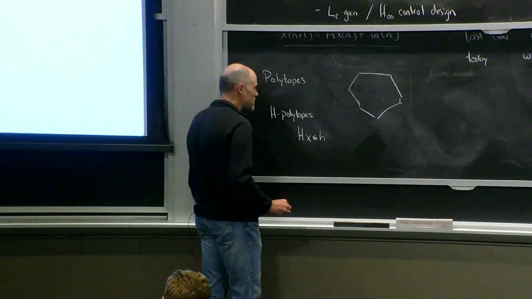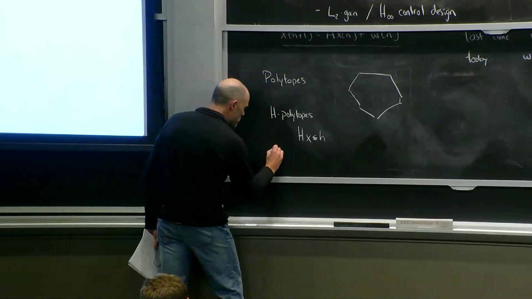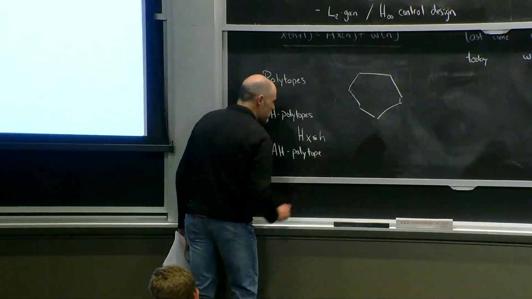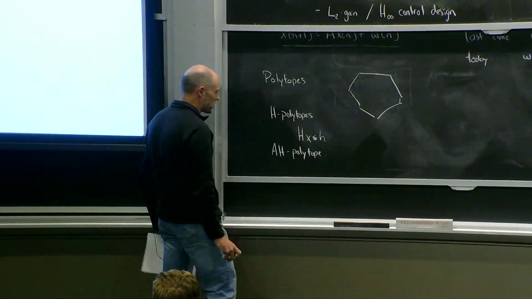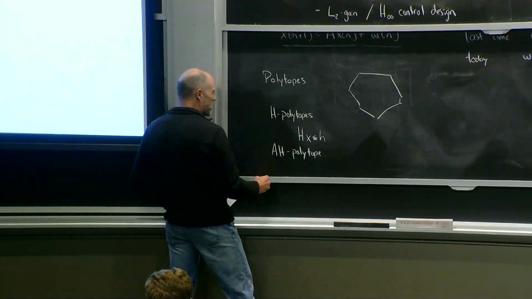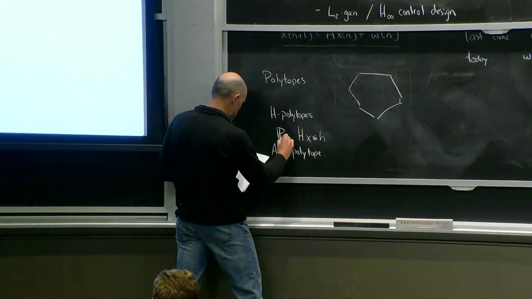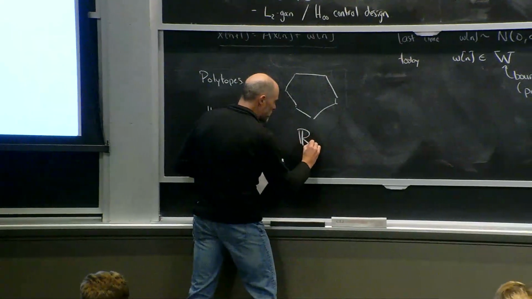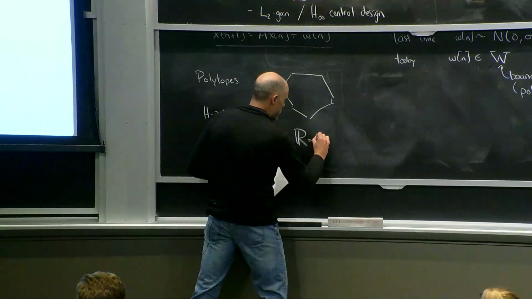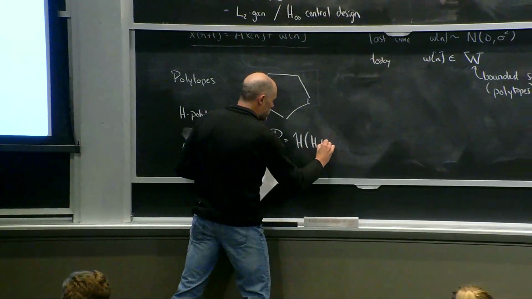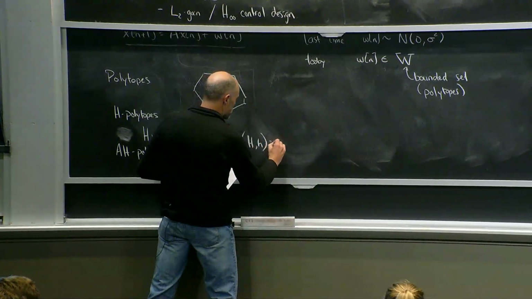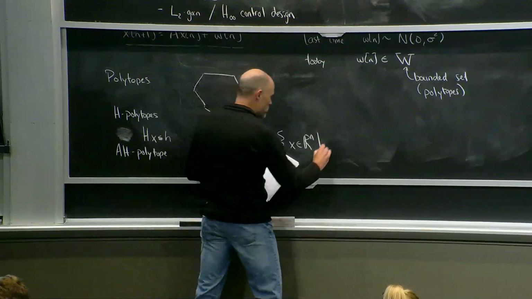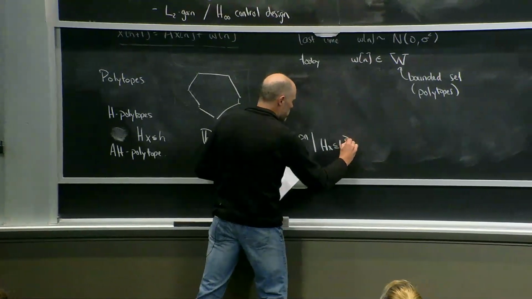The one we're going to use more today is something that some people call an AH polytope. So let me get my notation right here. I'll call the original polytope, the regular polytope, P, and I'll use a shorthand, H polytope, defined by H and h, which is: x in R^n such that Hx is less than or equal to h.